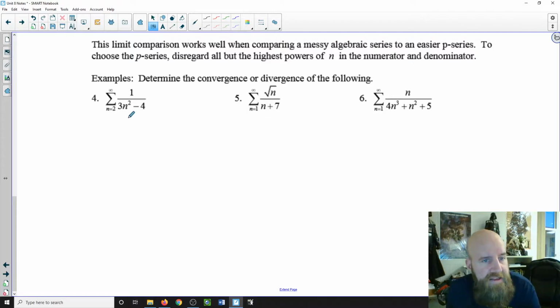What I mean by that is if I divide this by 1 over n squared, it's the same thing as multiplying by n squared over 1.